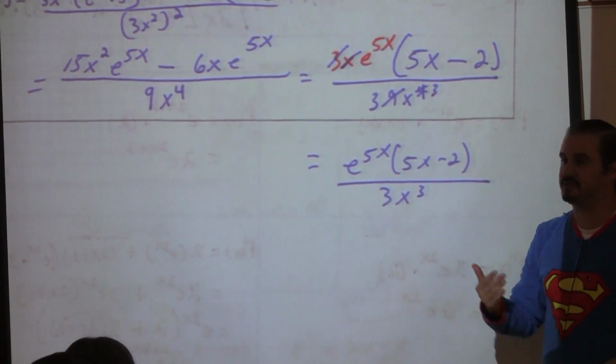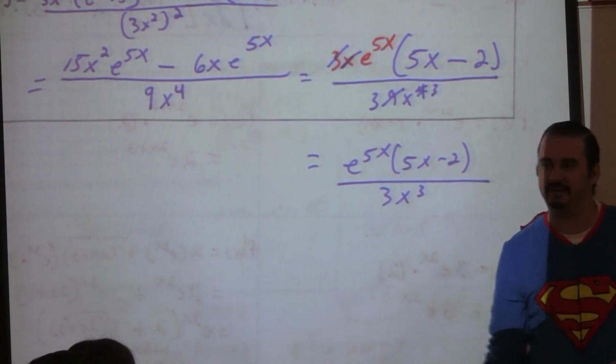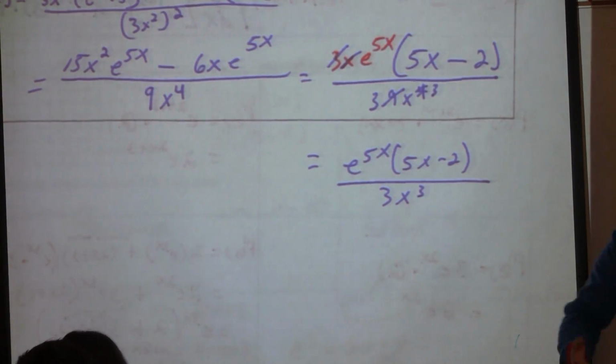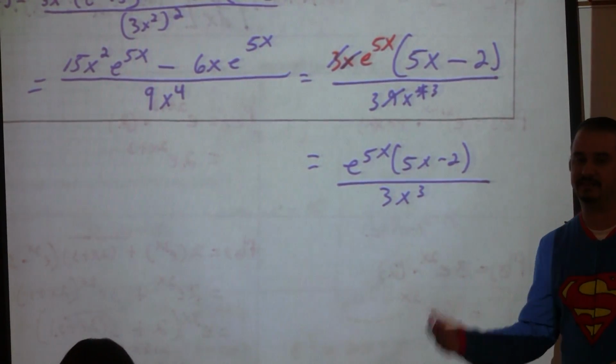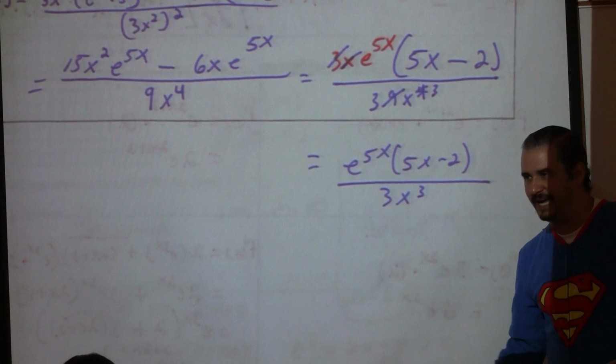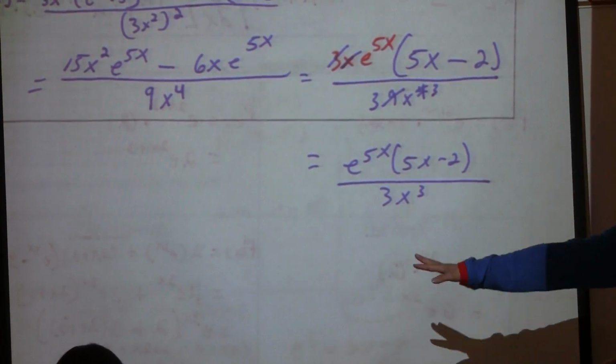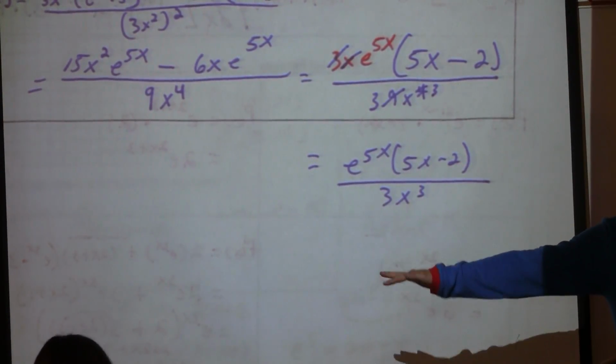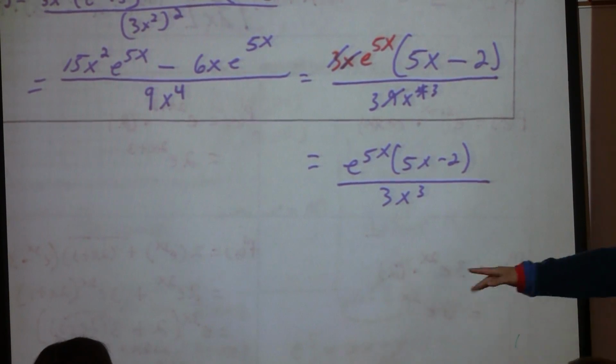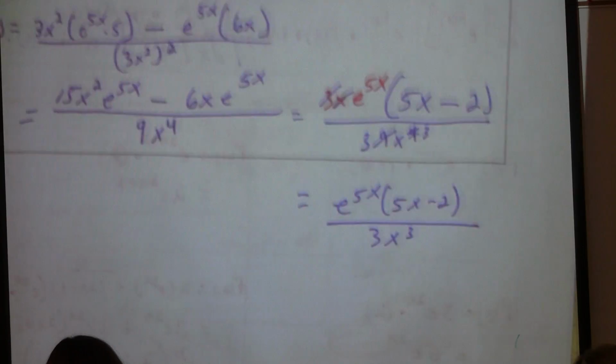So my critical numbers for this problem would be 2 over 5 and 0. Those are the possible places where I could have a relative min or a relative max. I would have to do further investigation by making a sign line. You want to make a sign line? No? We'll save that for later? Yeah. Okay, so that's it for the notes.